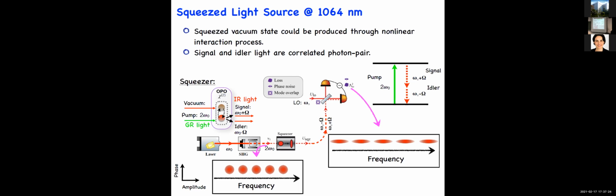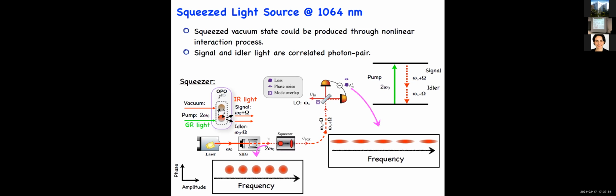Because according to the phase matching and the energy conservation, when we pump one photon, it will convert to two photons. At the same time, these two photons, signal and idler, are a correlated photon pair.